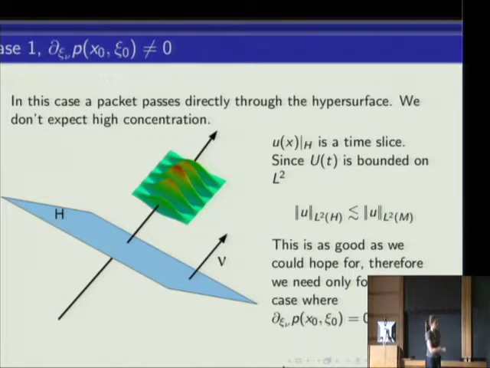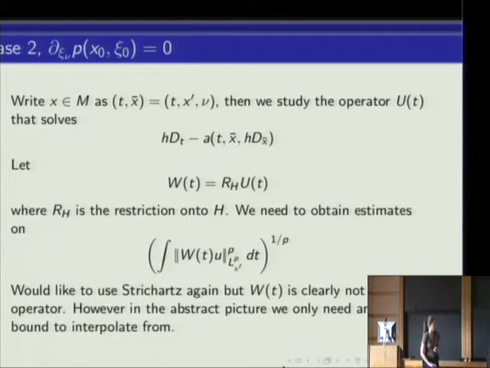You use the fact that h is now a time slice, and you've got a unitary operator. Therefore, u restricted to h is bounded order 1. That's just saying there's no L2 concentration at all, and this is the best result we could possibly hope for. So we can ignore this case, put it to the side, and just look at the place where the derivative of p in the xi_nu direction is equal to 0.